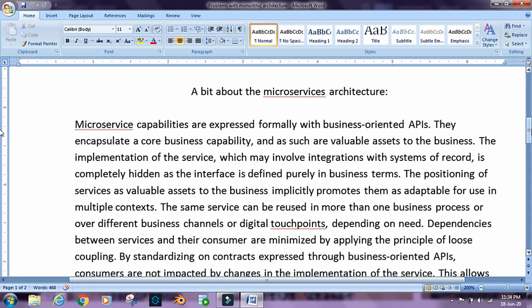So suppose we have a functionality that needs to be performed. Suppose we need to add two numbers, right? Or suppose we have a system into which we feed two numbers and we tell the system what operation needs to be performed on those two numbers, and the system returns us the result.